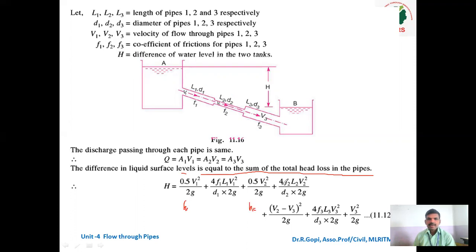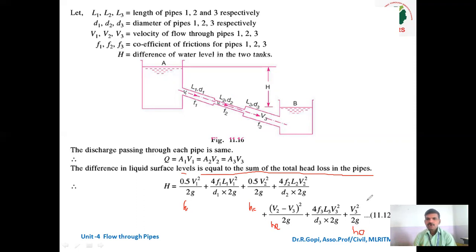And again the friction in the second pipe, 4 F2 L2 V2 square divided by 2g D2, and this is (V2 minus V3) the whole square divided by 2g, which is the sudden expansion or sudden enlargement, plus 4 F3 L3 V3 square divided by 2g D3, the loss of head due to friction in pipe 3, plus V3 square by 2g, which is H_O, the loss of head due to outlet.